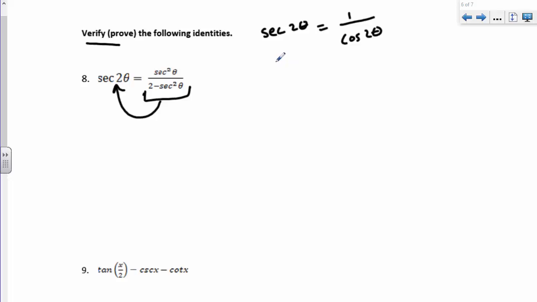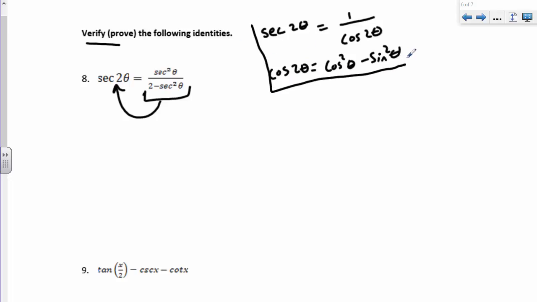I also will tell you that the cosine of 2 theta is actually the same thing as cosine squared theta minus sine squared theta. This is just food for thought, and we're going to ignore this for now. All I'm going to do now is really mess with this and try to make it look like this side now. This is just some stuff that we did for our reference.